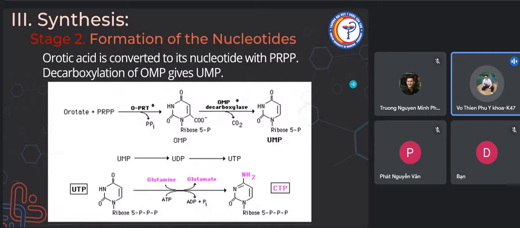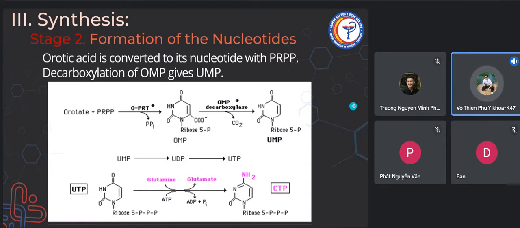Finally, I will go on to talk about stage 2, formation of the nucleotides. Orotic acid is converted to its nucleotide with PRPP. OMP is then converted sequentially, not in a branched pathway, to the other pyrimidine nucleotides. The decarboxylation of OMP gives UMP.